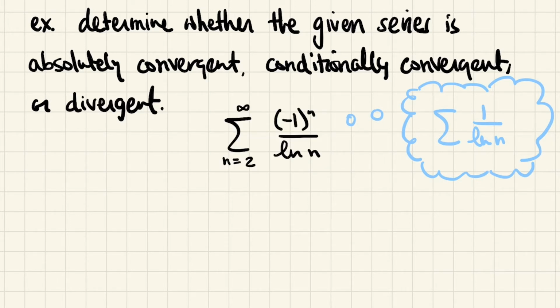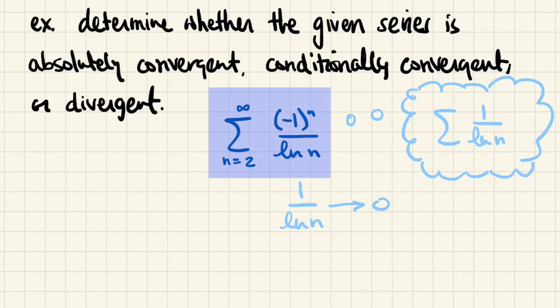Now, does this original series converge or diverge? Well, if we apply the alternating series test, we are basically going to be taking the limit as 1 over ln of n as n goes to infinity. And this guy does approach 0. So we can expect that this series will converge by the alternating series test.